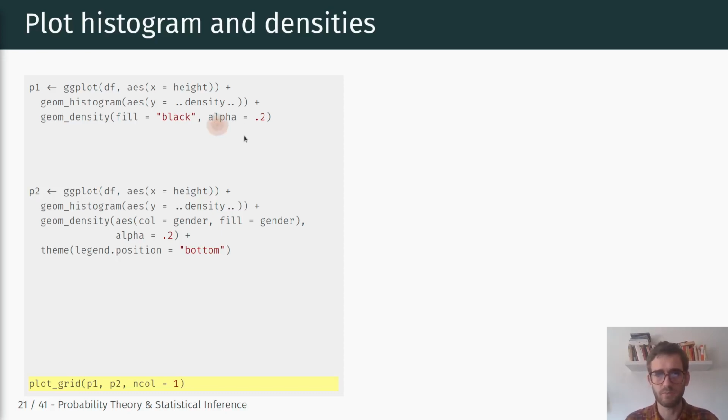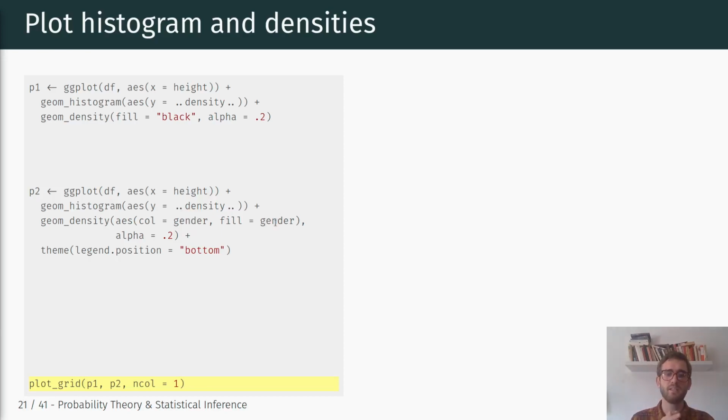Okay, so that's the first plot, and then we're creating a second plot, which is again based on the height, but in addition to the histogram, we will now separate the density, and we're adding an additional aesthetic mapping for this density geometry for color and fill, both dependent on gender.